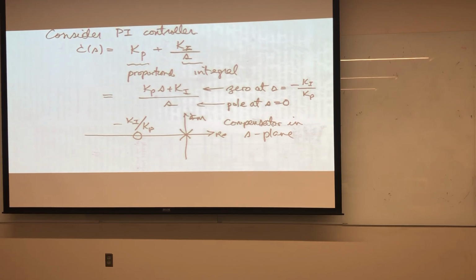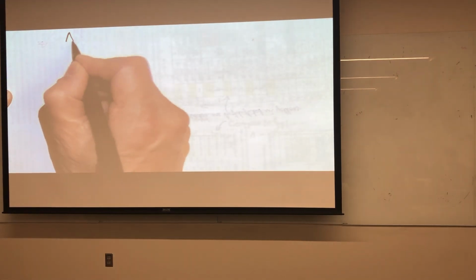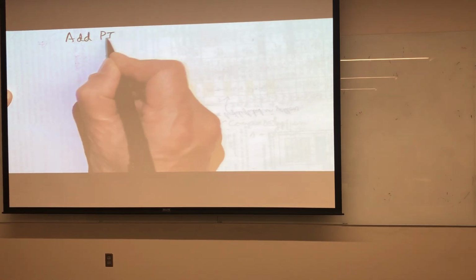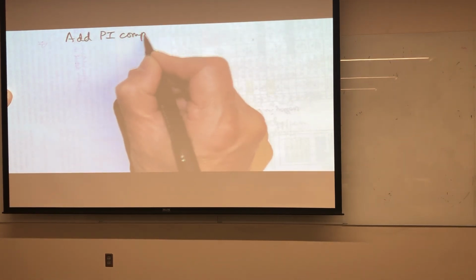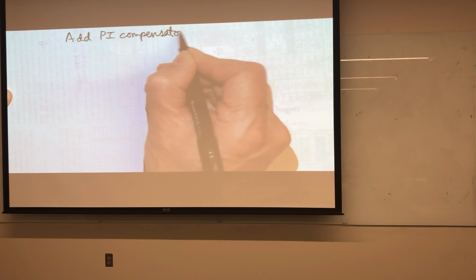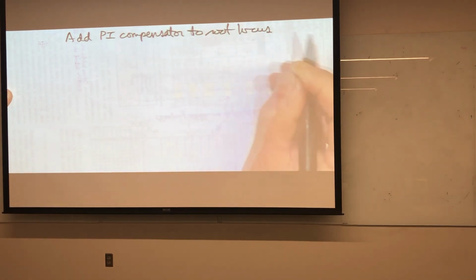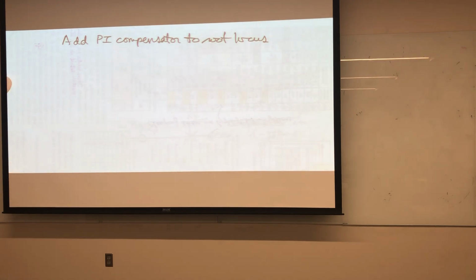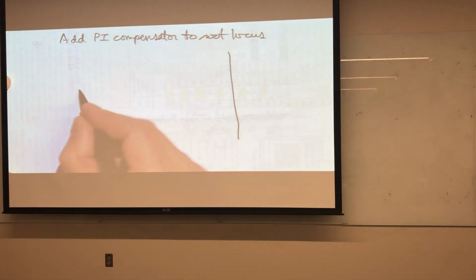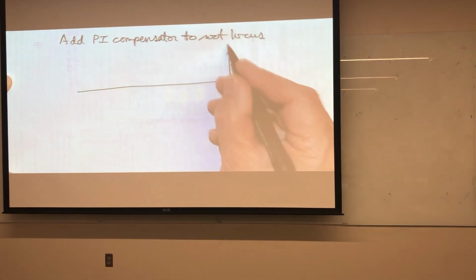Okay, let's see what would happen if we add the PI compensator to the root locus diagram. We're going to add the PI compensator to the root locus. So let's see if this would help.